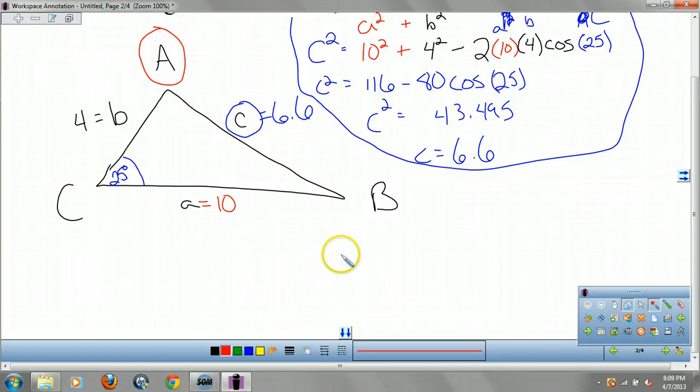Okay? So now I'm going to set my a squared, which is 10 squared, equals b squared plus c squared.